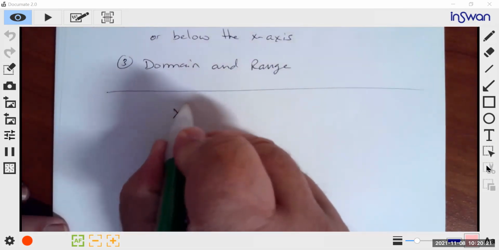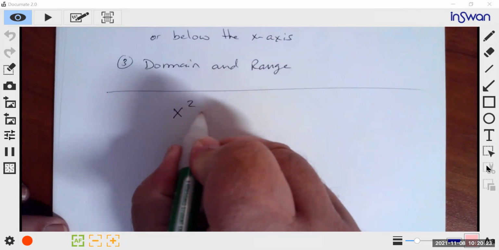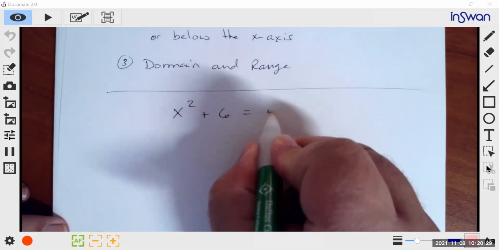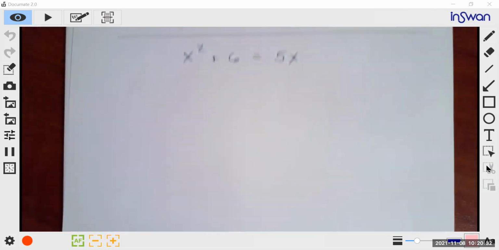Because when we had equations like this, solve that one for me.